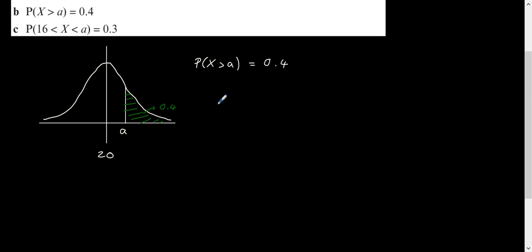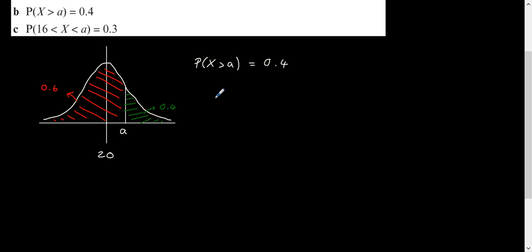Okay, so for the class whiz, this is where you guys have to do a little bit of extra work. The class whiz always works with the area to the left. Okay, so you have to do a little bit of maths first. So if the area to the right is 0.4, then stands to reason the area to the left is 0.6. They have to add up to 1.